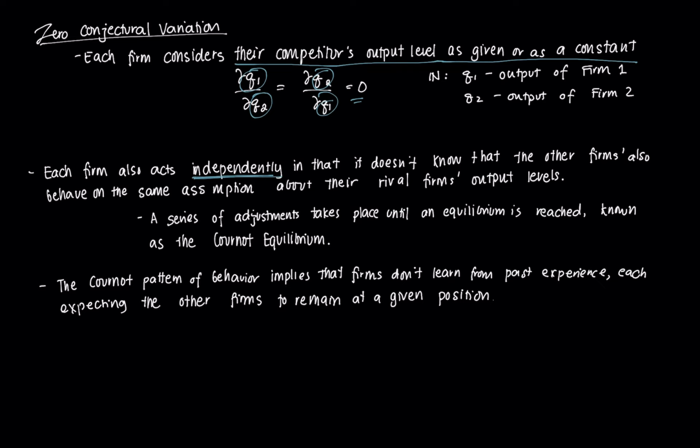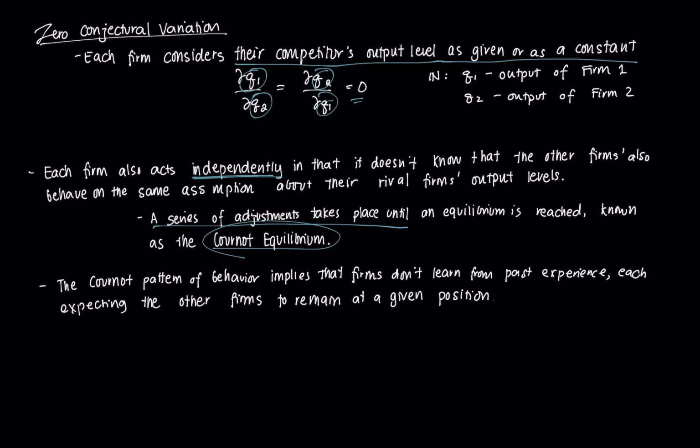Since there's no line of communication, they do their actions independently, and that same assumption goes on and on in time about the rival firm's output levels. Because of that independent action, there will be a series of adjustments that will take place in which equilibrium is reached. We refer to that equilibrium in the Cournot case as the Cournot equilibrium, which we will illustrate using a graph later on.